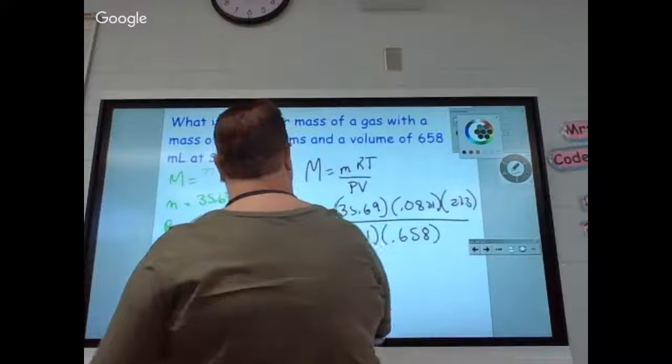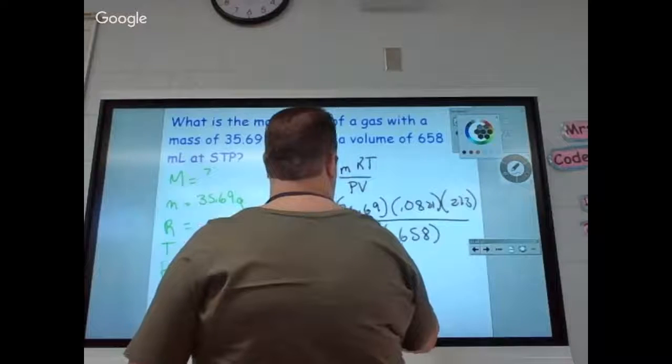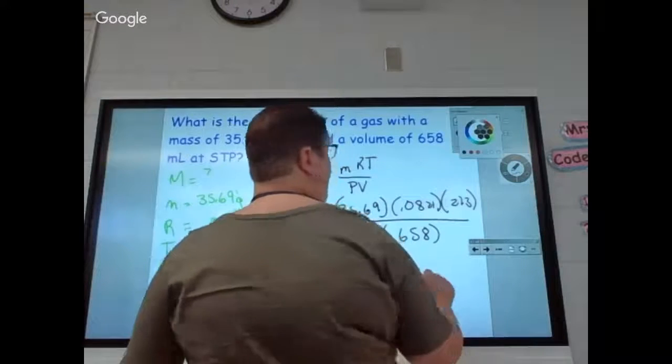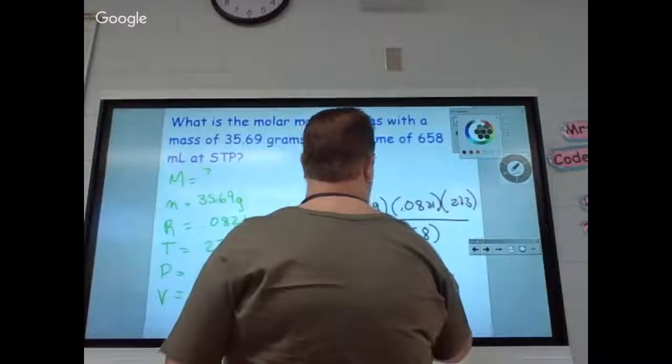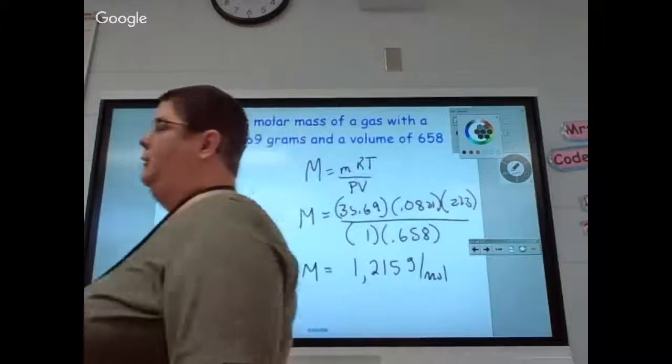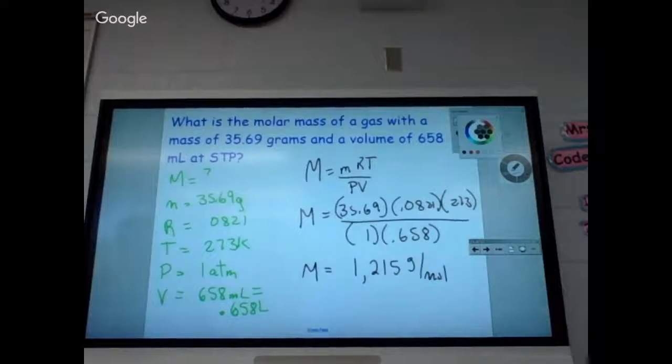Has anybody already calculated it for me so you can tell me the answer? 1,212.15? This would be one I made up the numbers for, because no gas has a molar mass that high. Okay? Now, any issues with how to do that? No.